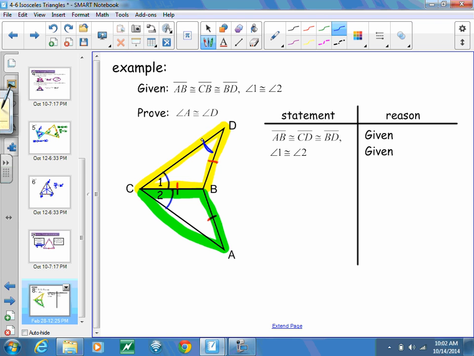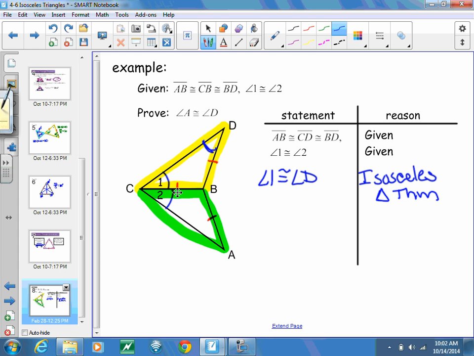So in this yellow triangle, since CB and BD are equal, this means that angle 1 has to be congruent to angle D because of the isosceles triangle theorem, because you have two base angles that are congruent to each other.